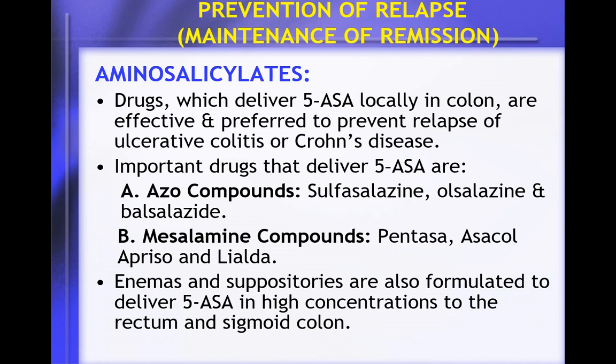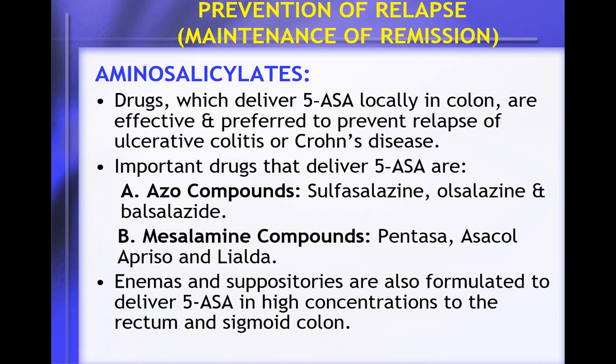The other class of drugs is aminosalicylates. These are the drugs which deliver 5-aminosalicylic acid locally in the colon. These are effective and preferred to prevent relapse of ulcerative colitis or Crohn's disease. Important drugs of this class that deliver 5-aminosalicylic acid are number 1, azo compounds, and number 2, mesalamine compounds.